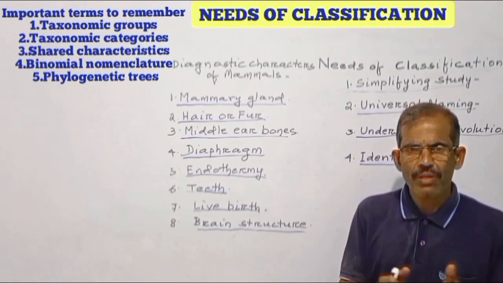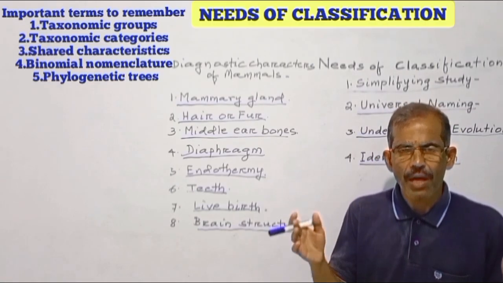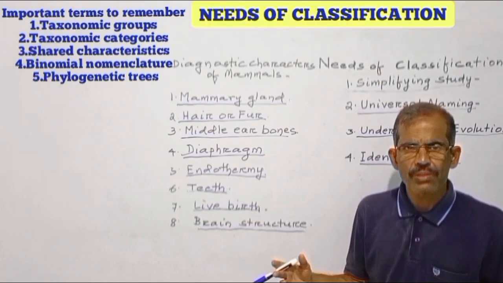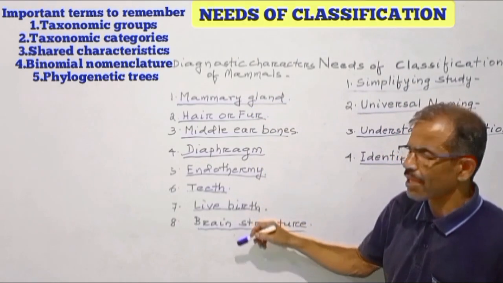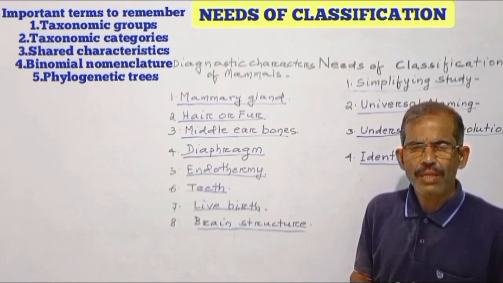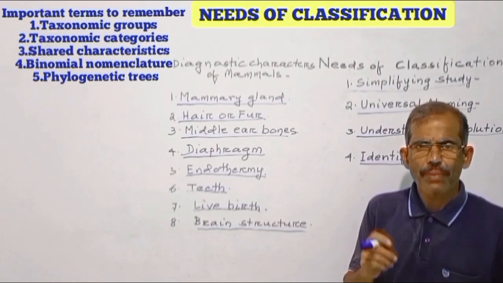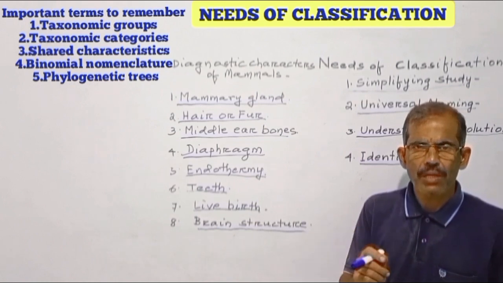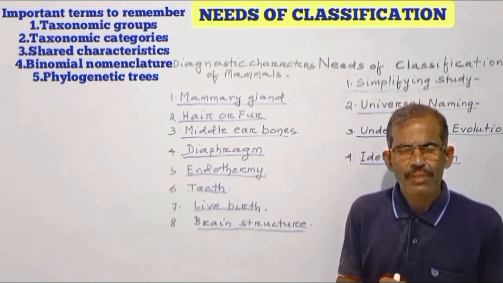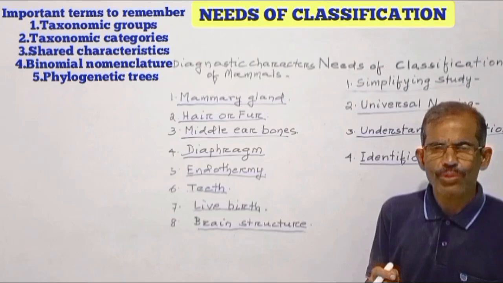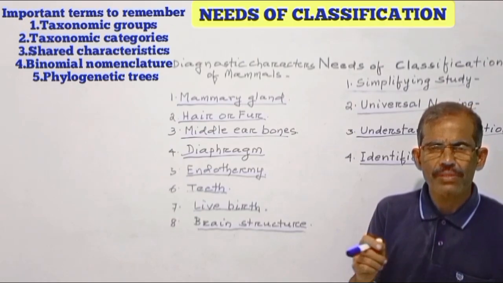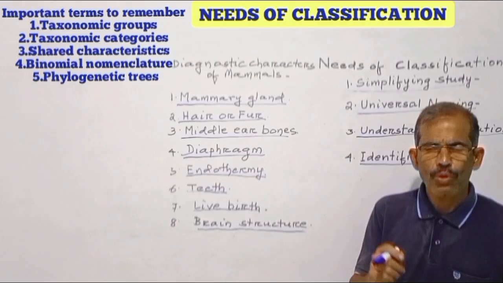And the last one is the presence of a highly complex brain. If any unknown organism exhibits these characteristics, it can be identified as a mammal, which is placed in the class Mammalia. So friends, shared characteristics or traits are very useful for the identification of unknown organisms.